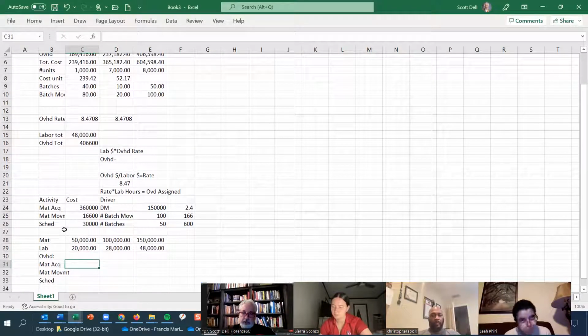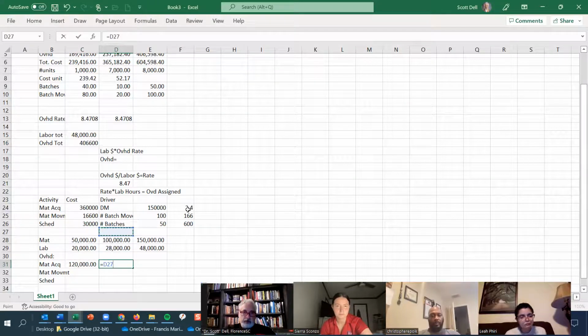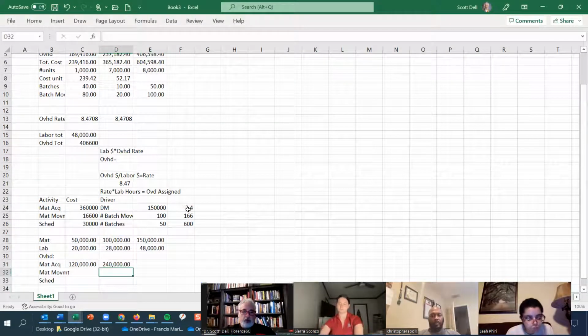I'm going to have equals my materials times 2.4. I'm going to do the same thing here, equals materials times 2.4. So that's just the overhead associated with acquisition.